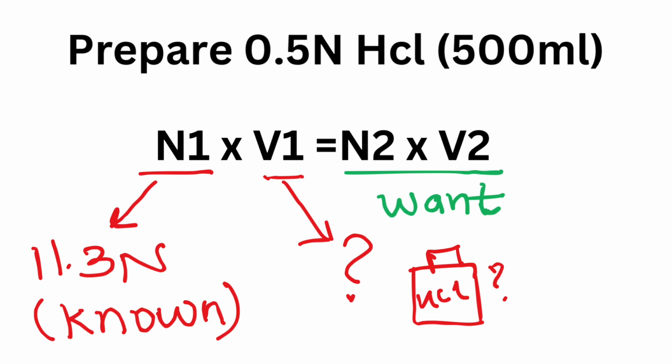N₁V₁ is the given thing that is already known, and N₂V₂ is something that we want. We already know the normality that is there in our laboratory bottle is 11.3. We just calculated that, but we don't know how much volume we need to take out of that bottle in order to make 500 ml of 0.5 normal HCl.